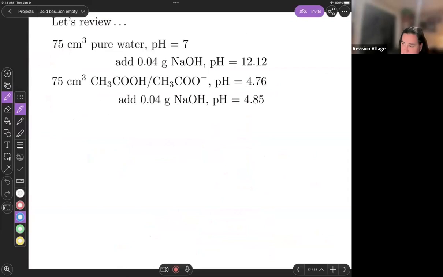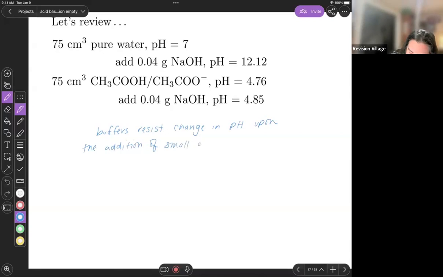Those are the values. I don't think there's anything to add here, just to say that we made a really great buffer. So buffers resist change in pH upon the addition of small amounts of acid or base.